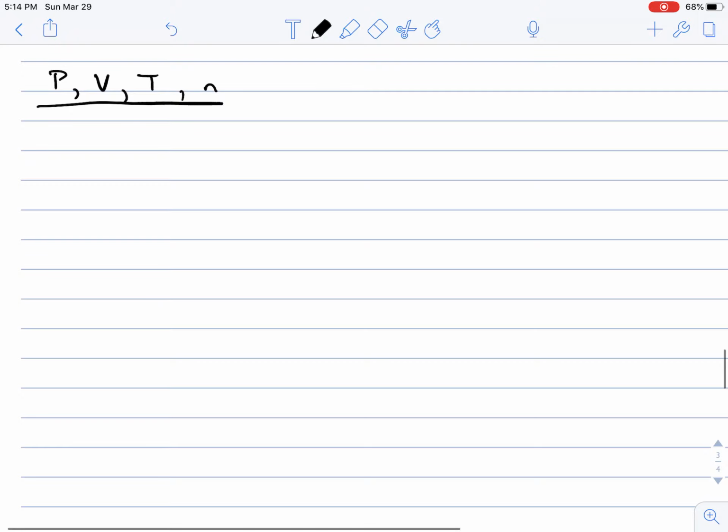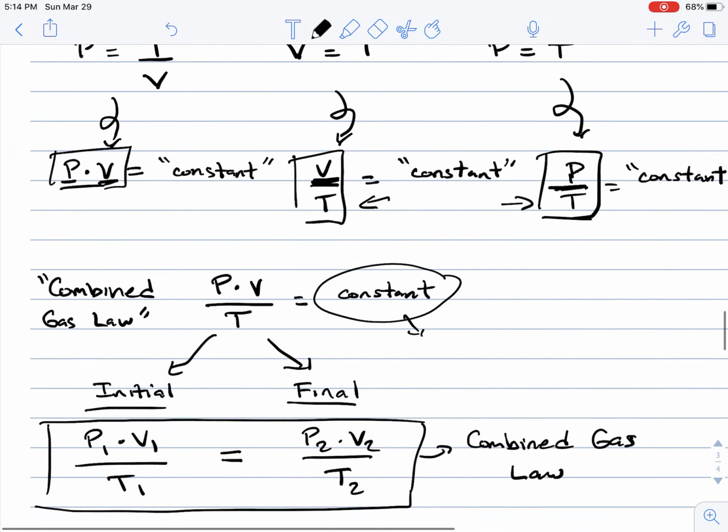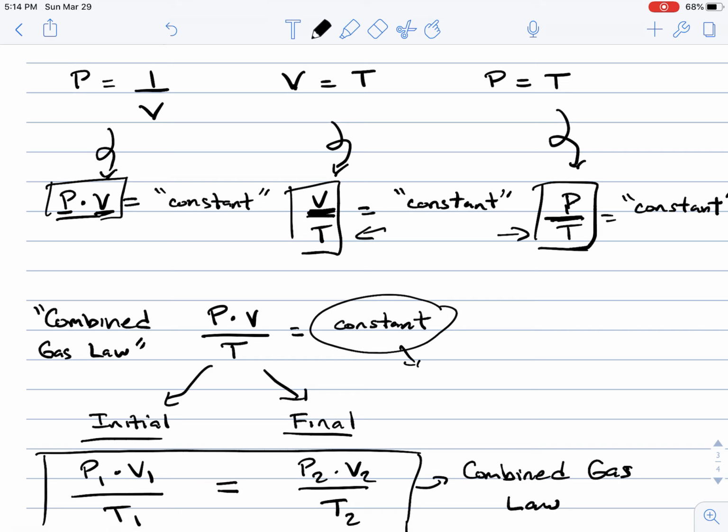Once again, we can just copy and paste everything that we have over here. So notice that P times V equals some constant, V over T is equal to some constant, and P over T is equal to some constant.